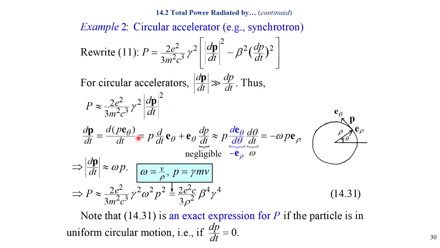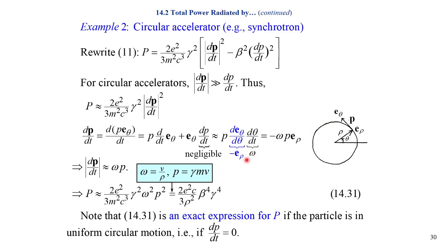And the direction is in the direction of theta or phi, doesn't matter. dP/dt is P times dE_theta/dt, and this one is negligible. The E_theta is always changing with time, with the angular frequency omega.